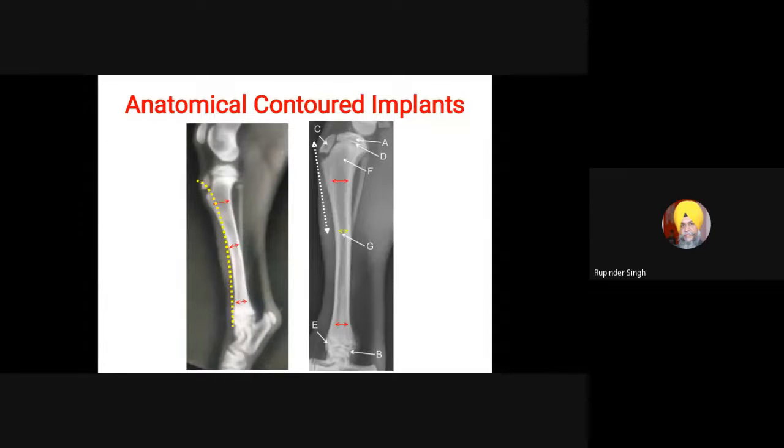So this type of anatomically contoured implant may be created using 3D technology. When we are bending an already prepared implant, there are chances of weakening. But if we are making it in a predetermined configuration or shape, those can be stronger implants.